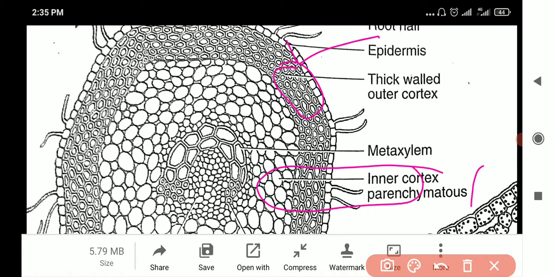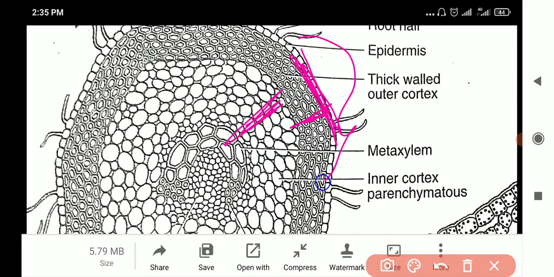So how do I show? First layer, this is one layer, then two layer, then three layer. Okay, so there are three layers. After that you will find these big ones, these are the metaxylem.